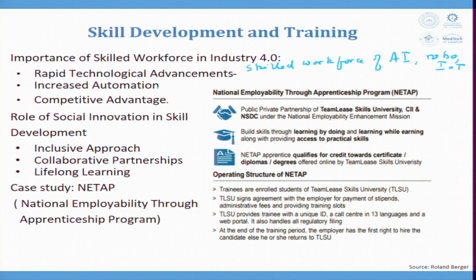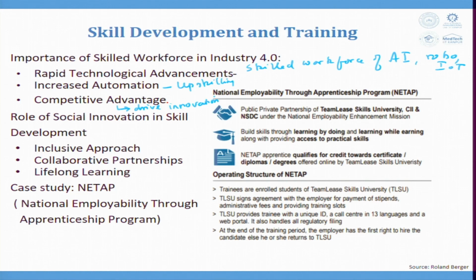Here there is skilling required. I have already told you, increase in automation is going to need upskilling, and here the competitive advantage is that a skilled workforce drives innovation and productivity.